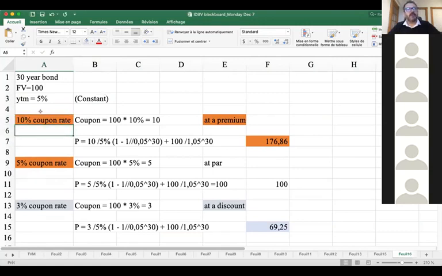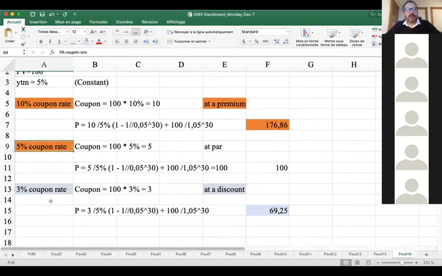If the coupon rate is higher than the yield to maturity, it trades at a premium and the price will be higher than the face value, because this bond pays 10% when the current situation on the market is 5%. So it's a more interesting asset than what the market is currently offering. So if you want to buy this bond that gives you 10% instead of 5% given by the market, then it means that you will have to pay a higher price.